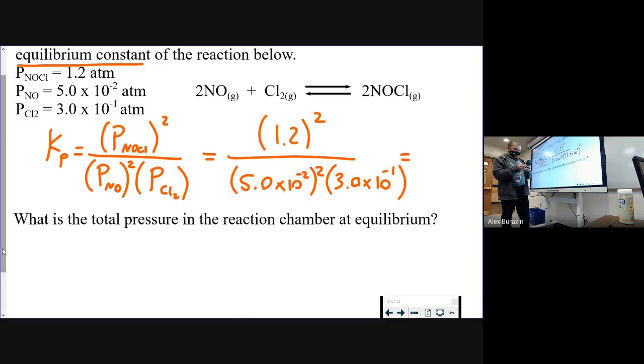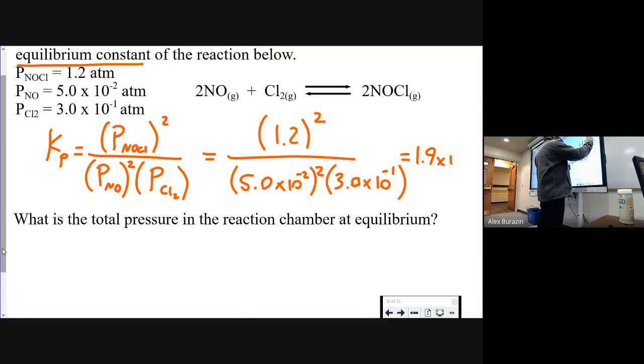Oh, syntax. Very good. Yeah, I'm getting 1,900 or 1.9 times 10 to the 3. Oh, I got it.